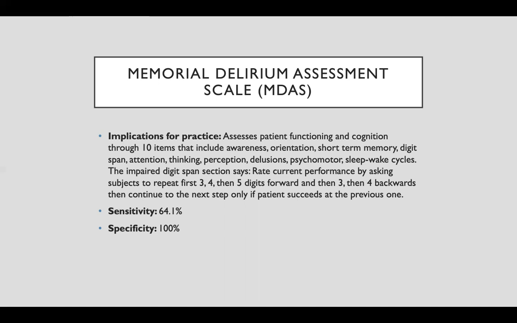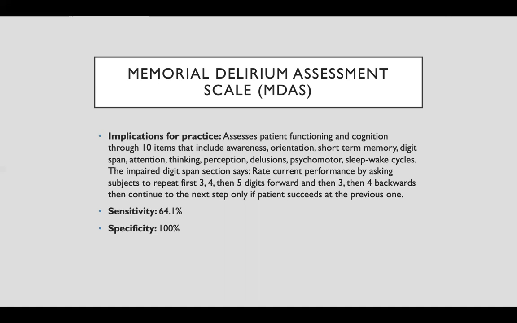So some implications for practice here is that it assesses patient function and cognition through 10 items that include awareness, orientation, short-term memory, digit span, attention, thinking, perception, delusions, psychomotor, sleep-wake cycles.